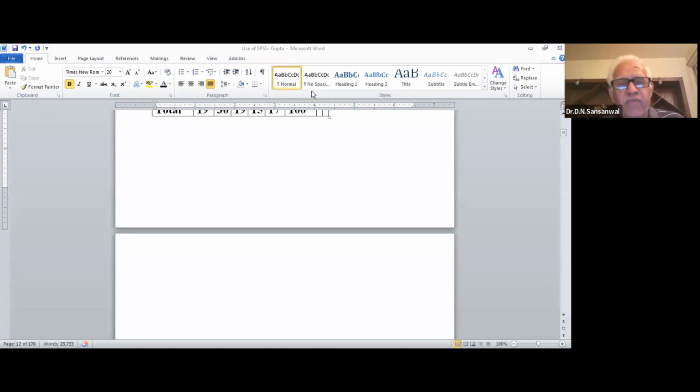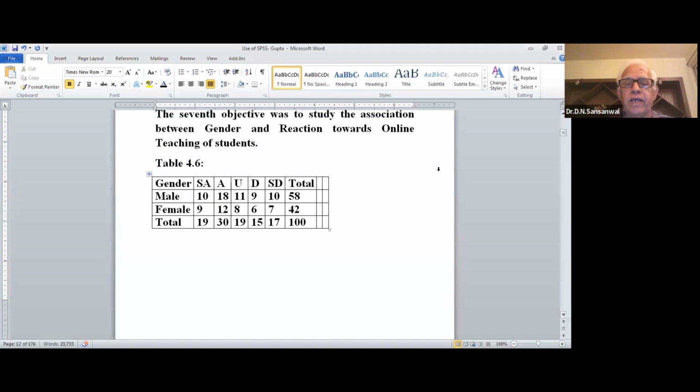Yes, from the table of the SPSS, you cannot use it as it is. You have to make the table the way I'm making the table. So this is chi-square.